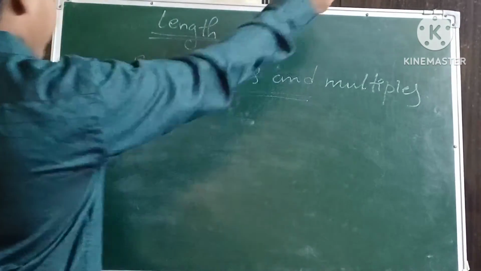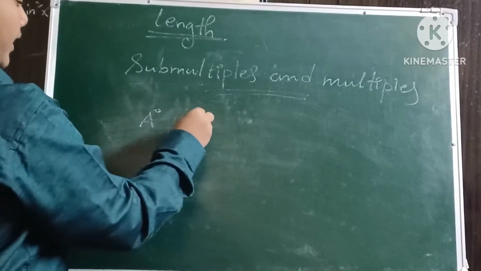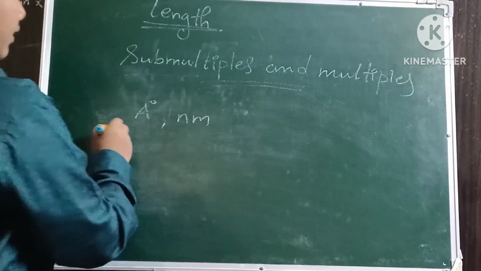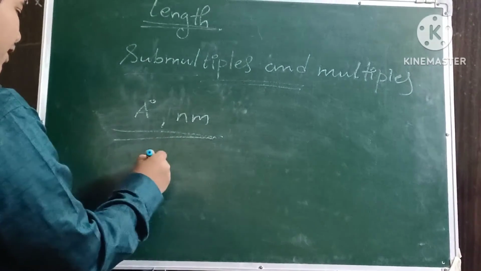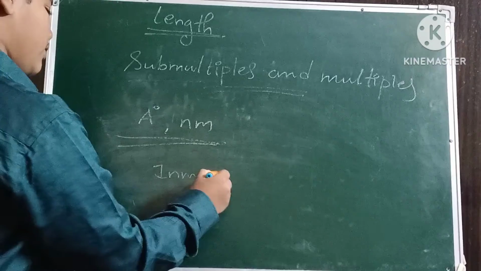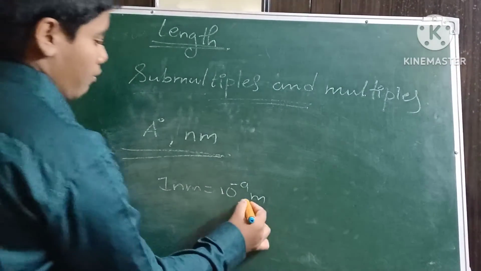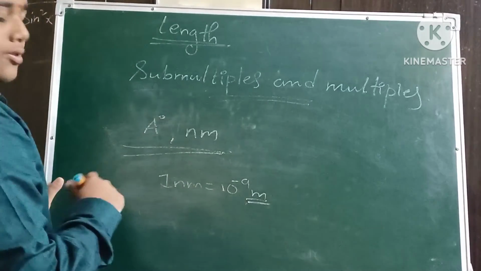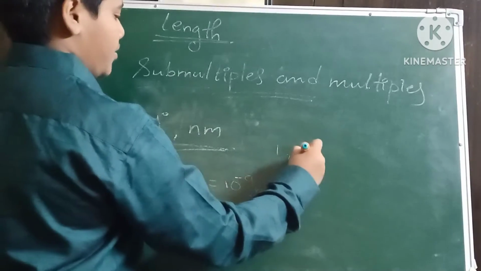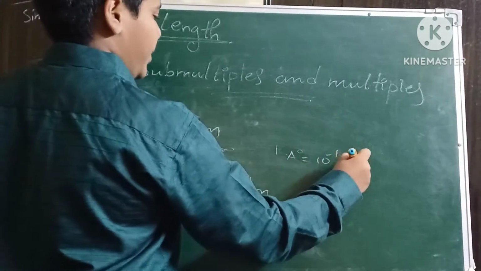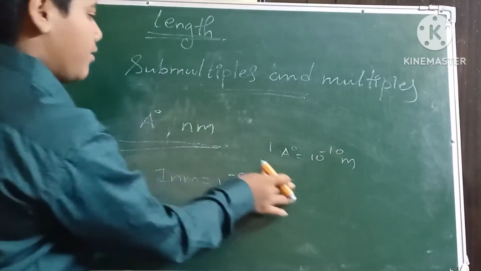So what is the relation between angstrom and nanometer? If I take 1 nanometer is equal to 10 to the power of minus 9 meters. So 1 meter is equal to how many angstroms? We already know that 1 angstrom is equal to 10 to the power of minus 10 meters. So this 10 to the power of minus 10 is transferred to this side.